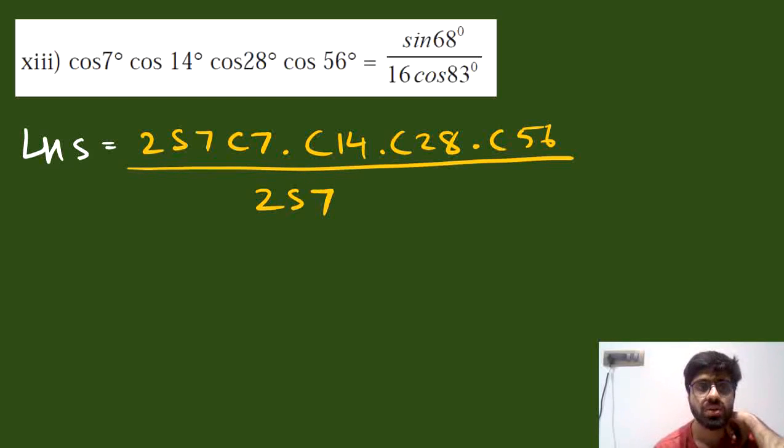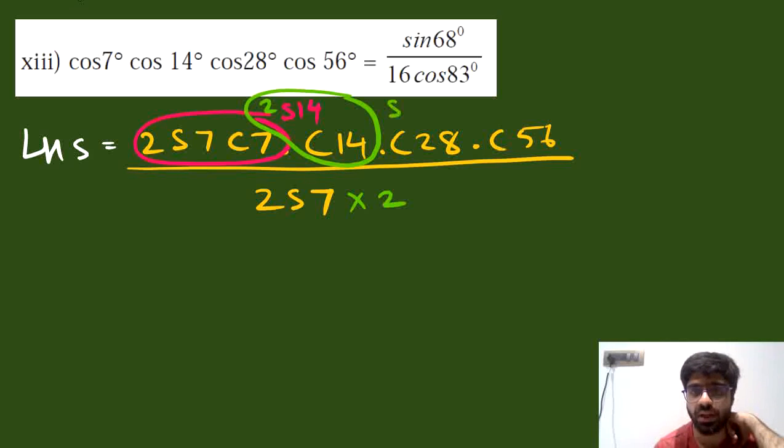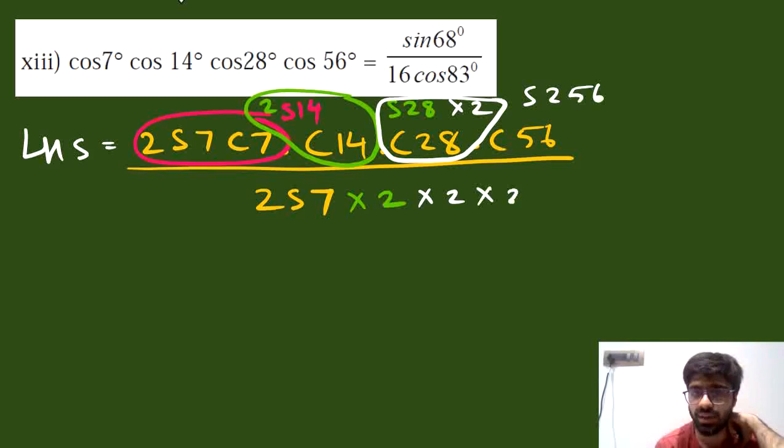Okay. So now 2 sine 7 cos 7, that becomes sine 14. Let's bring yet another 2 in the denominator and a 2 here. So then 2 sine 14 cos 14 becomes equal to sine 28. Bring yet another 2 here. Then sine 28 cos 28 into 2, that becomes equal to sine 56.